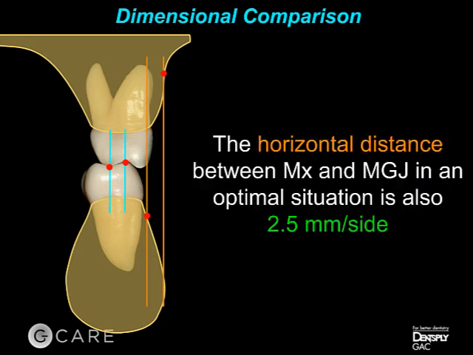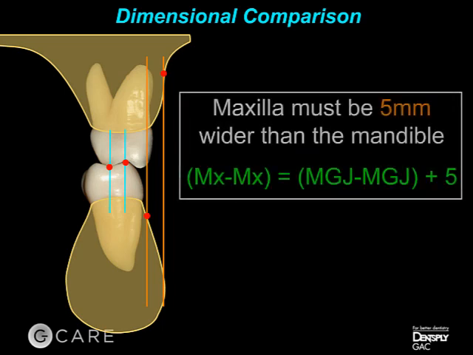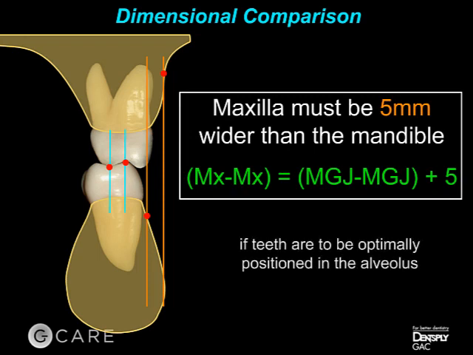So when we take this relationship between the teeth and also mucogingival junction and MX to be about 2.5 millimeters aside, and we put that into the entire jaw, this would basically say that if our teeth are going to be optimally positioned in the alveolus, upright, centered, and well intercuspated, our maxilla needs to be 5 millimeters wider than the mandible in the bony dimension in order to have the teeth accommodate this position.